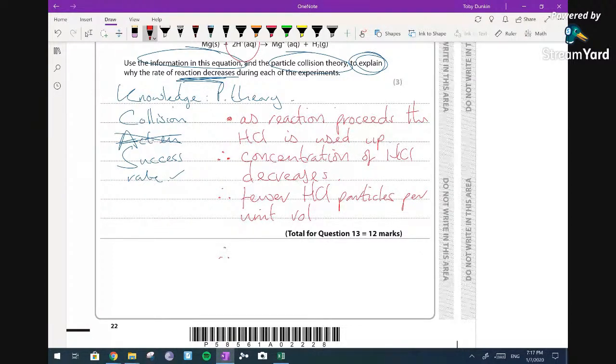Therefore, fewer collisions, because if there are fewer particles, they're going to collide less frequently. Or by the way, you can say collision frequency decreases. Fewer collisions will occur, therefore, fewer successful collisions. And there's your answer, and I'm done.